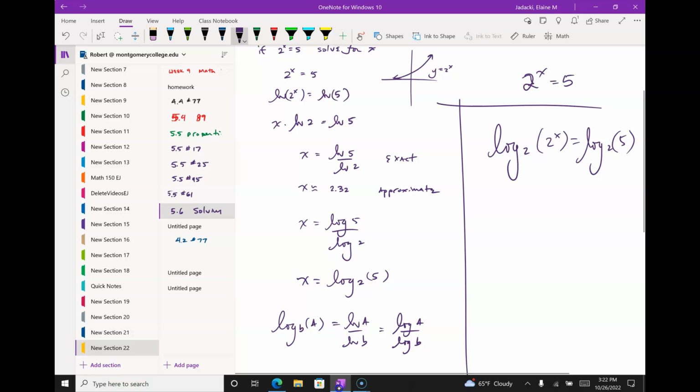It's easy. x. Done. I personally prefer to use ln all the time, because ln is 2 characters and log base 2 is 4 characters.